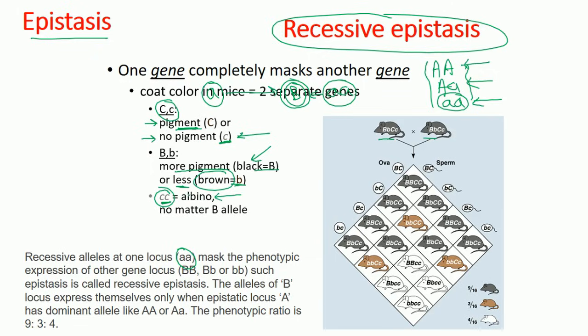That means it's completely white, no color at all. Small c controls the expression of capital B. So if small c is present, even though capital B is found in the genotype, it will not express. The offspring will be colorless and albino, no matter what condition it is.